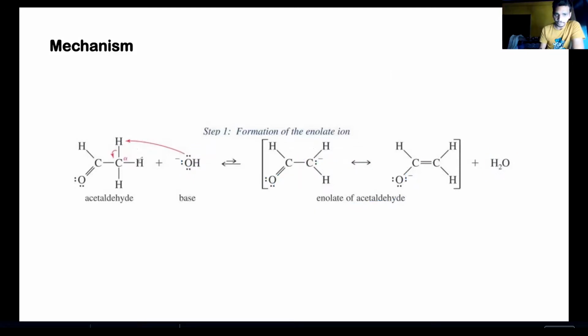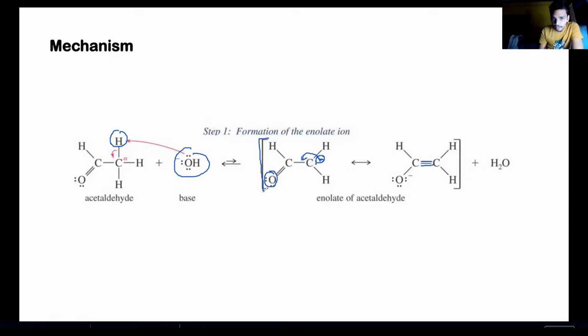Again, I'm repeating. The active base takes up the hydrogen from the alpha carbon. As the alpha hydrogen is removed, there is the appearance of a charge on the carbon, so there is a carbanion formation. As there is a negative charge, for stability, the oxygen next to it attracts that electron and forms the double bond in between.